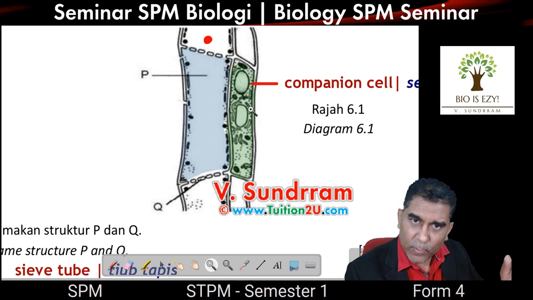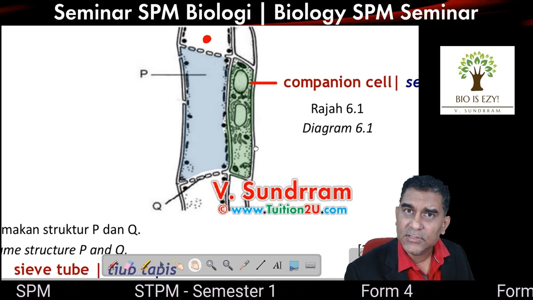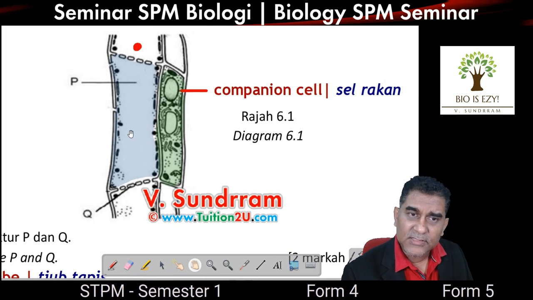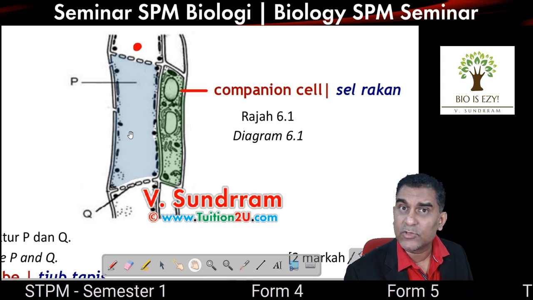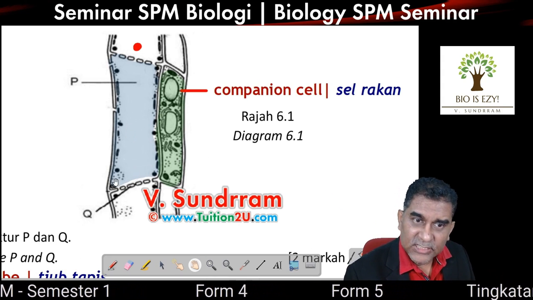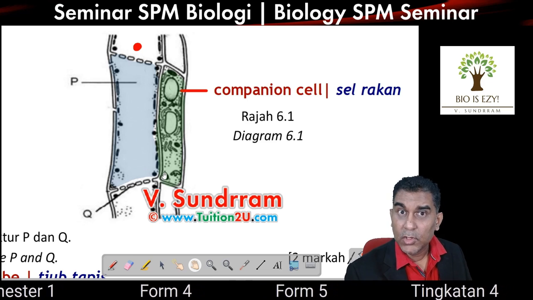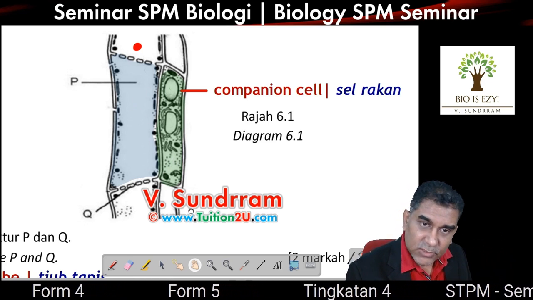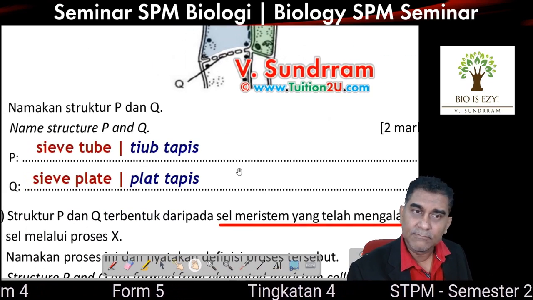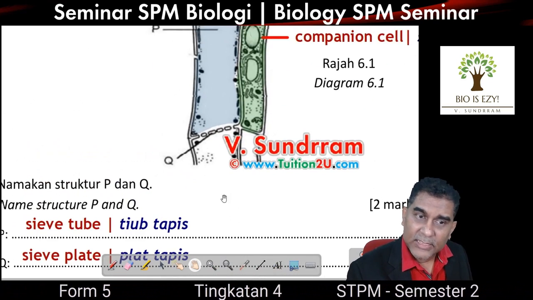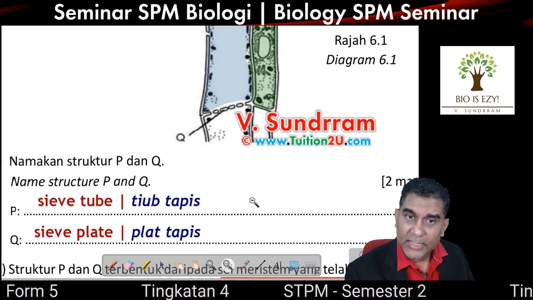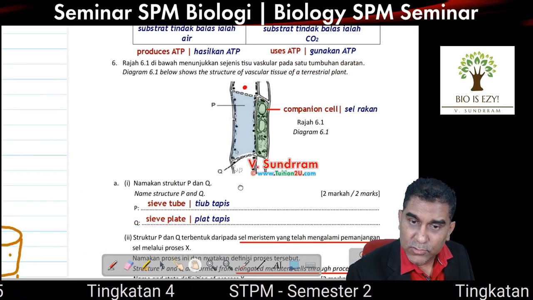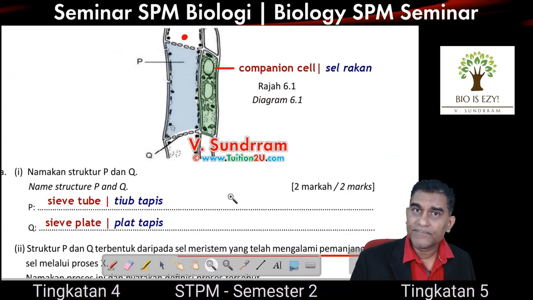You can see the companion cell has a lot of components, whereas the sieve tube has less component, but they have cytoplasm. You can see the sieve plate has pores. Use the diagram to remind you that this is all important. That is why I'm asking you to name it. You have to look at the diagram when you name it. So when you look at the diagram, look at all the characteristics, use it as the answer.